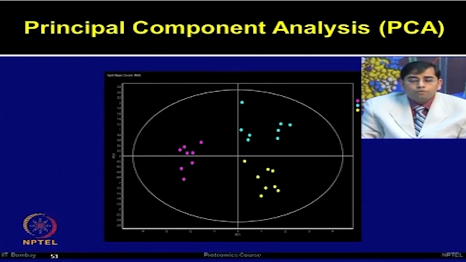If you have one control and 2 treatments, and by looking at the significant proteins, the software can use this tool, principal component analysis tool, and give rise to the pattern of these healthy and different types of treatment patients, and if the grouping is together, it means it is highly significant.